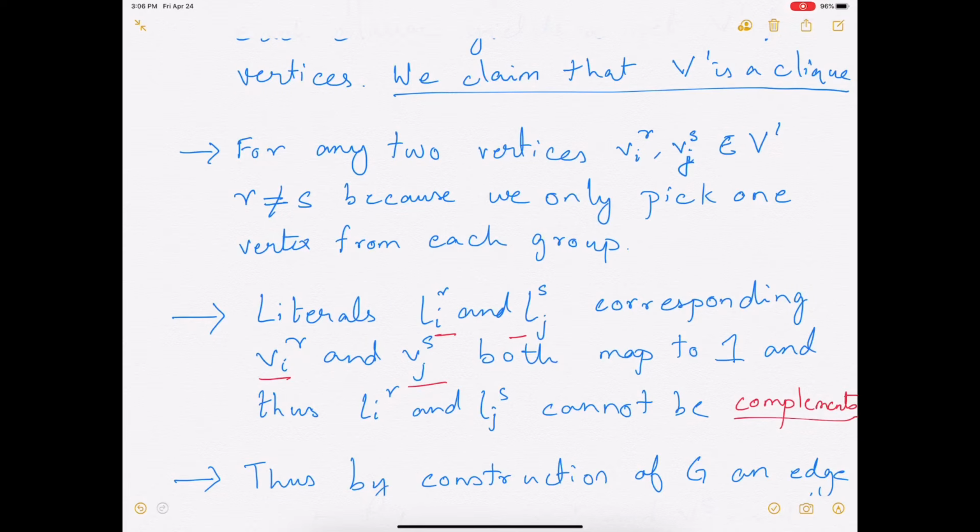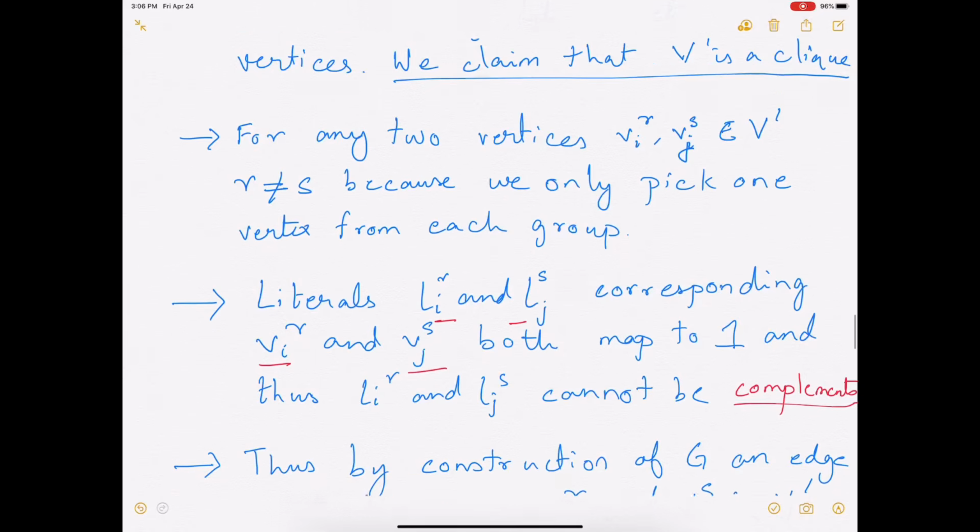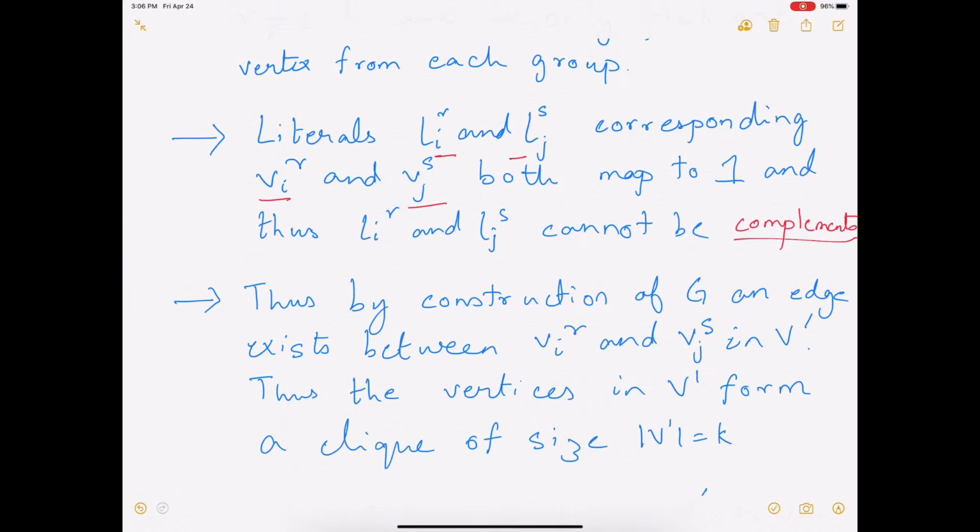By the way the graph is constructed, an edge always exists between VIR and VJS if they are not complements of each other. This proves that there are k vertices in V prime, and together they form a clique. So far we have proved that if phi is satisfiable, G contains a clique of size k.